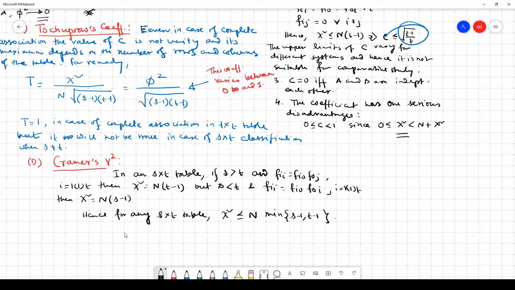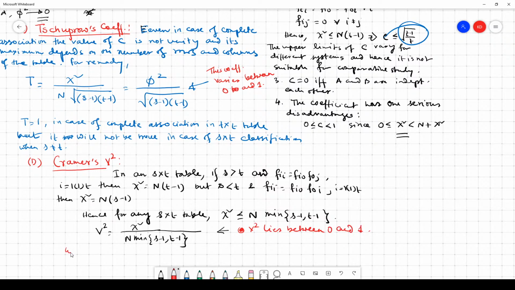And Cramer pointed out this, and we may avoid this difficulty according to Cramer by defining V square as chi square divided by n into minimum of s minus 1, t minus 1. This is Cramer V square, and it is clearly seen that V lies between 0 and 1.